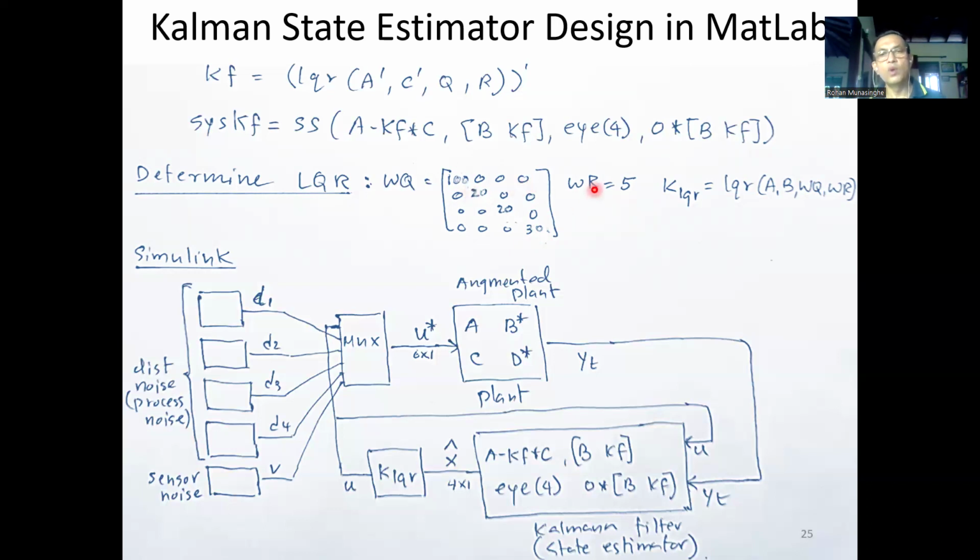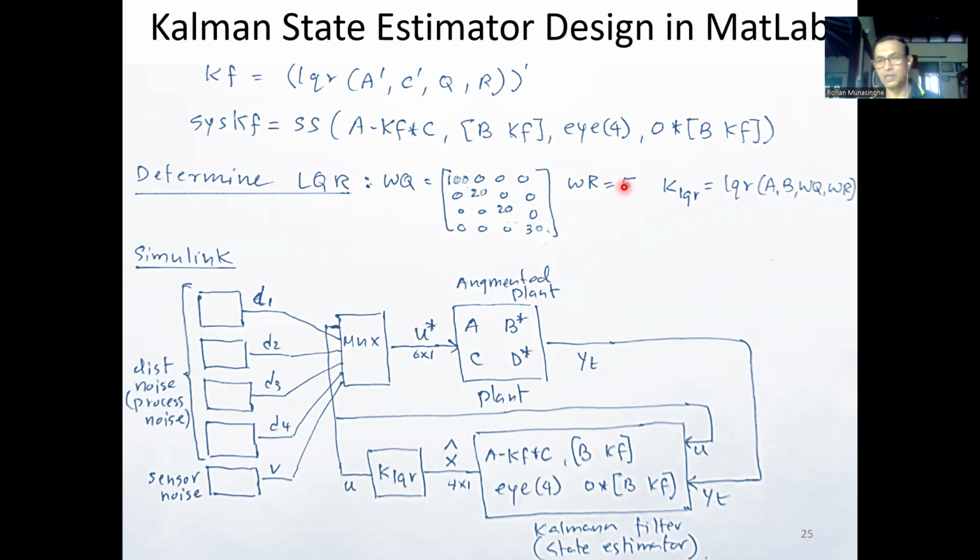And also here WR means how costly is the control effort. Okay, if your control effort is not that costly, not that expensive, you can put a small value here. So I put 5 here. Look at 100 and this is 5. In this case, control effort is very cheap, like low cost petrol.